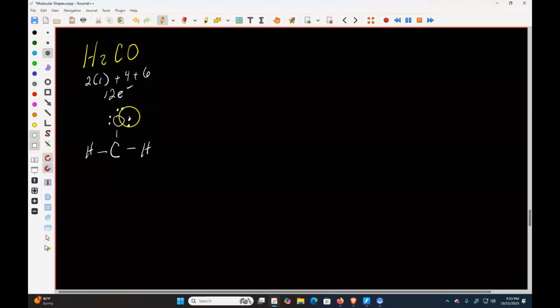That gives me 2, 4, 6, 8, 10, 12. The carbon here doesn't have its full complement, so I don't have enough electrons. So I'm going to take 2 electrons away and make a double bond here. All right, so I have an AX3E0, which means this is trigonal planar.